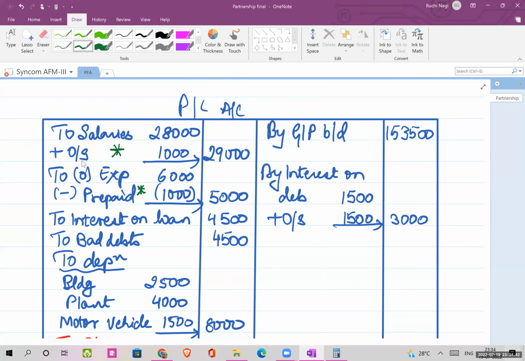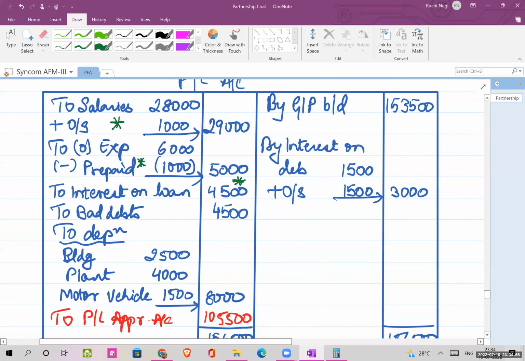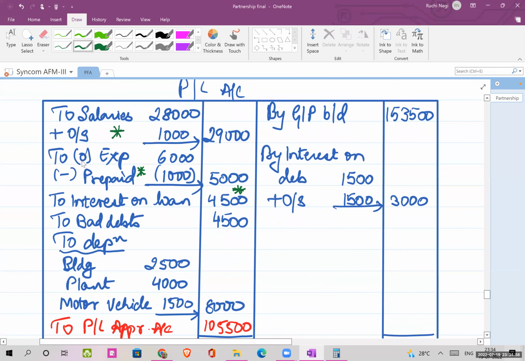Interest on loan, I just showed you the calculation. Okay, 1 lakh का 9% for 6 months. Depreciation, building, plant and motor vehicle.